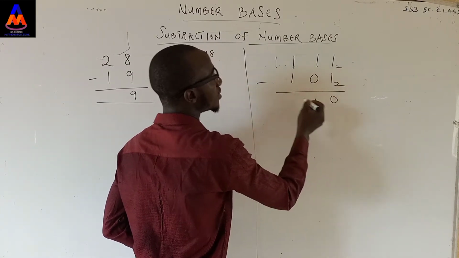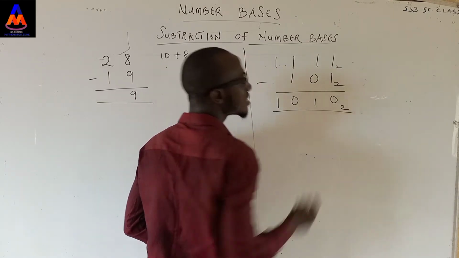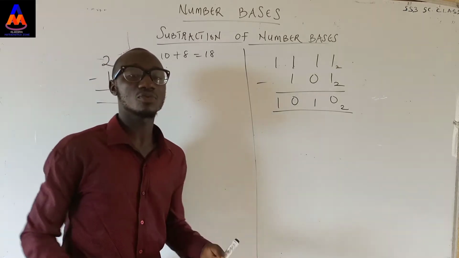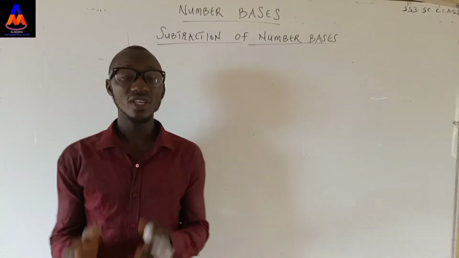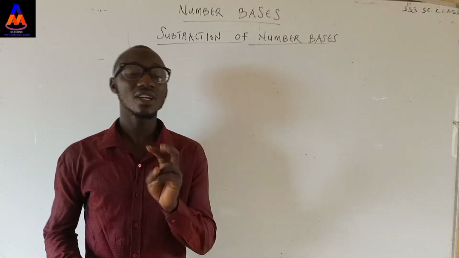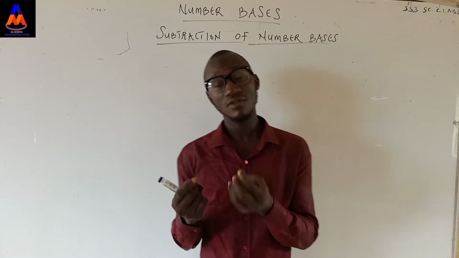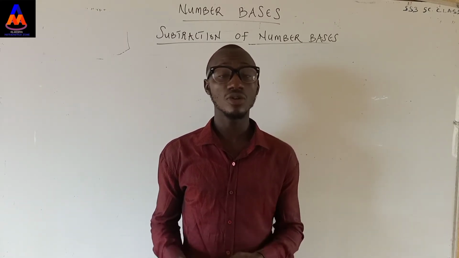This is 1, this is 0, this is 1. Of course, this is more direct compared to the first one we did. Now we are going to give one more example to make this operation clearer to us. We have given ourselves a very basic example when dealing with subtraction of number systems.